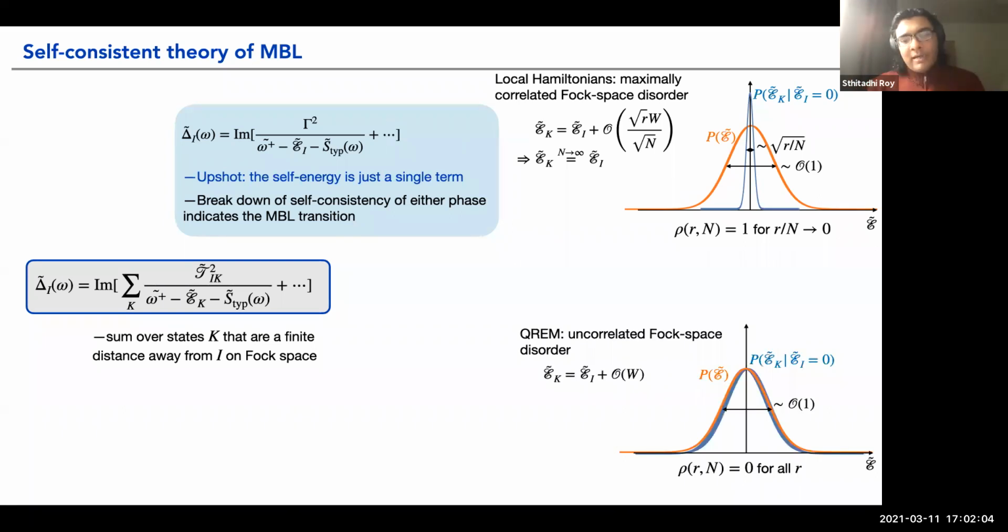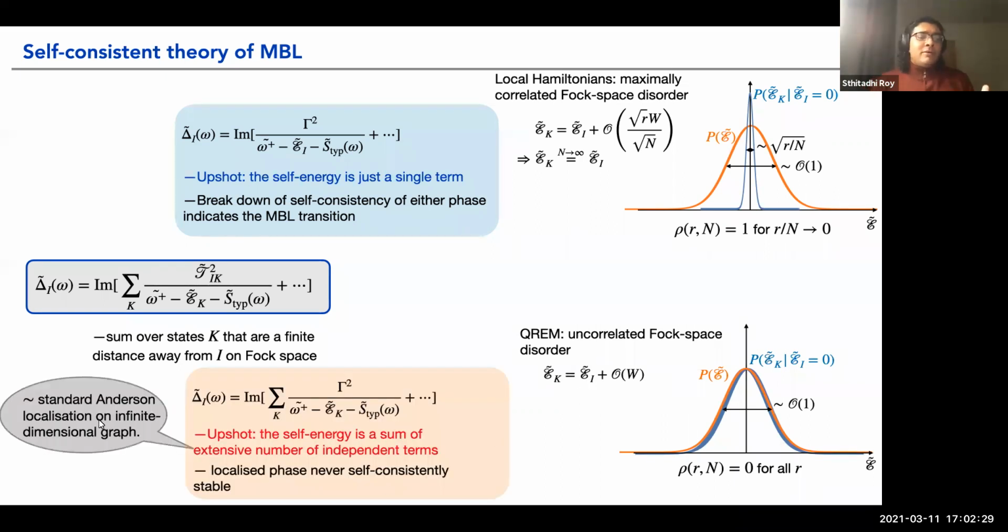But now let us look at the other extreme limit of the quantum random energy model, where even after I do the rescalings, this Ek tilde remains an order 1 number away from Ei tilde. So basically, all the Ek tildes and Ei tildes can still be treated as independent random numbers, but with a disordered distribution which has a width which is now order 1 and not order square root n.